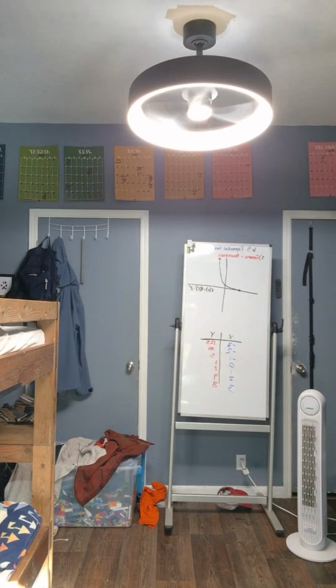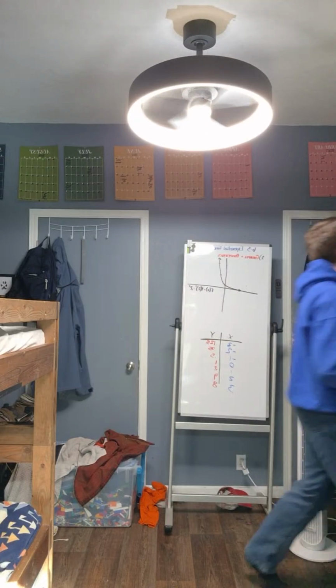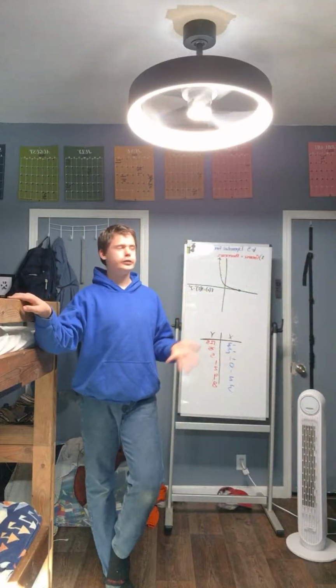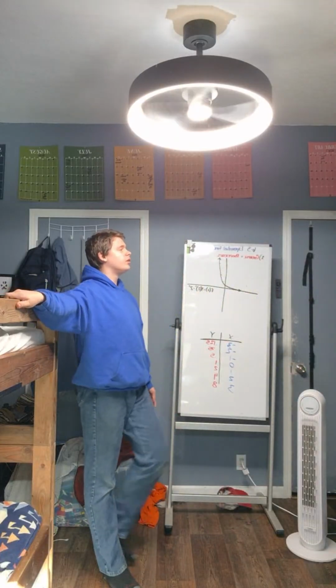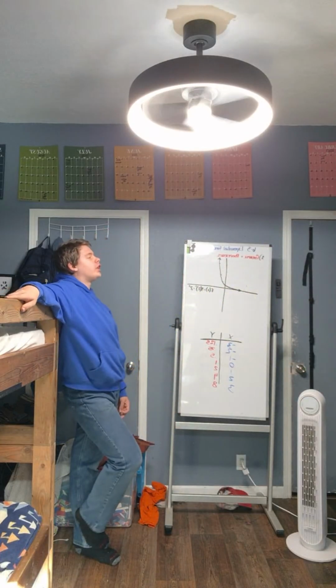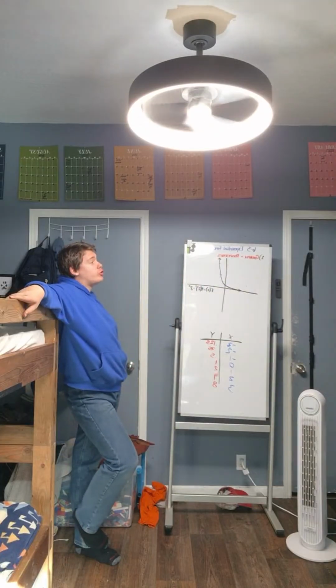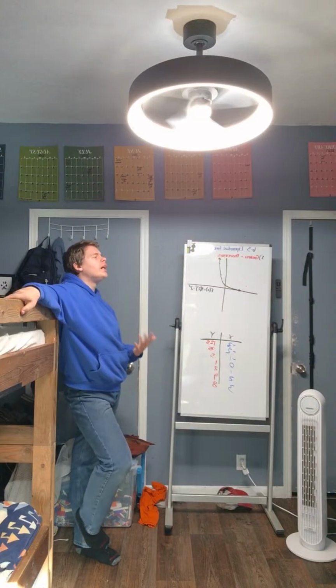Okay. So here is what we're doing. It says the horizontal asymptote. So what is a horizontal asymptote?